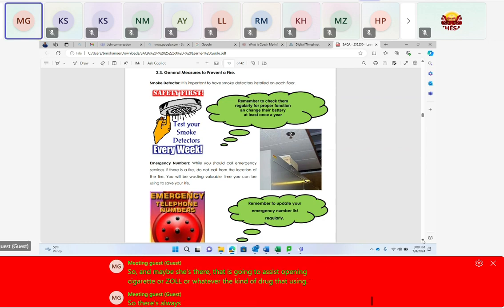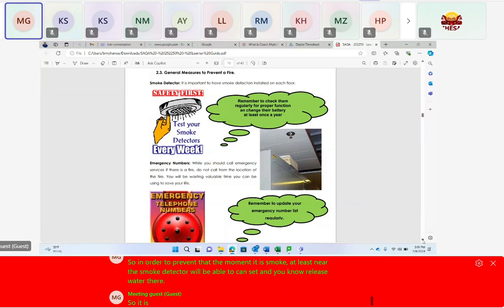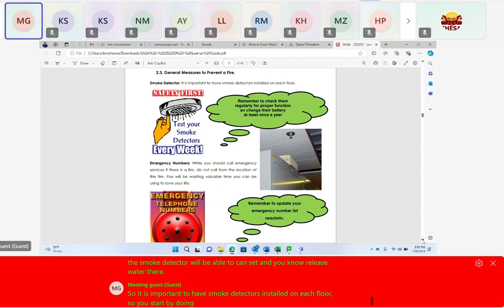So there's always something that can ignite a fire. In order to prevent that, the moment there's smoke, the smoke detector will be able to set off and release water there. So it is important to have smoke detectors installed on each floor. So you start by doing that.